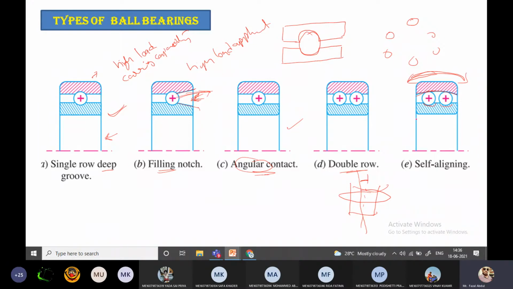If shaft deflection is present in both directions, it is automatically adjustable with the help of the self alignment bearing. So these bearings are basically made for light load application. Even though it is light load, whatever the maximum load is there, that maximum load is applied to the filling notch bearing. Okay.